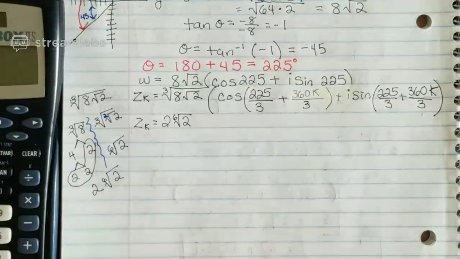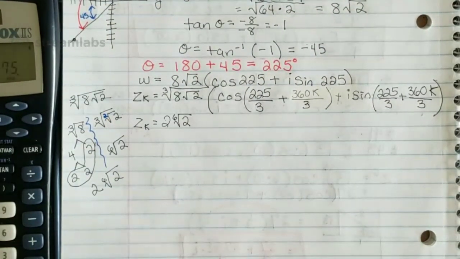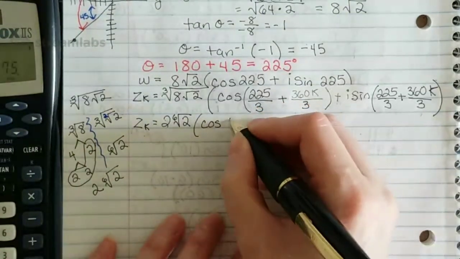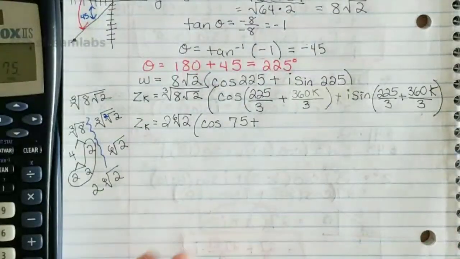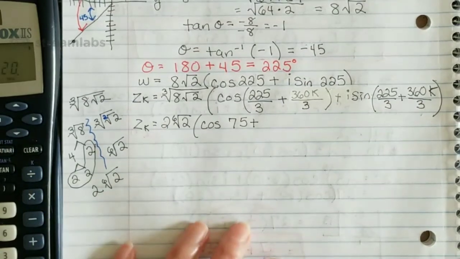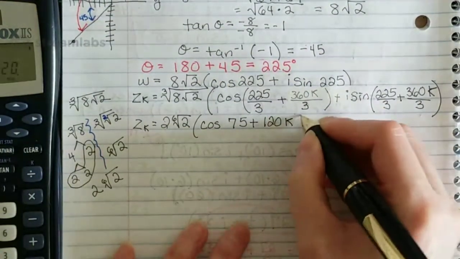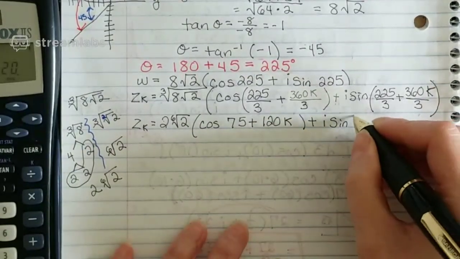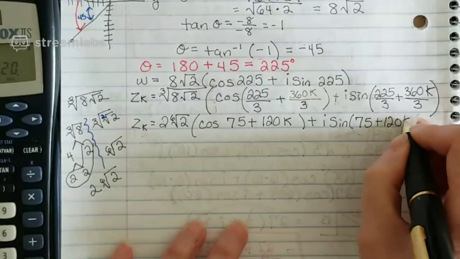By 3, I believe that comes out nice and pretty. That comes out as 75. All right, so this is the cos of 75 plus, and 360 divided by 3 better come out nice, 120k plus I sine of 75 plus 120k.